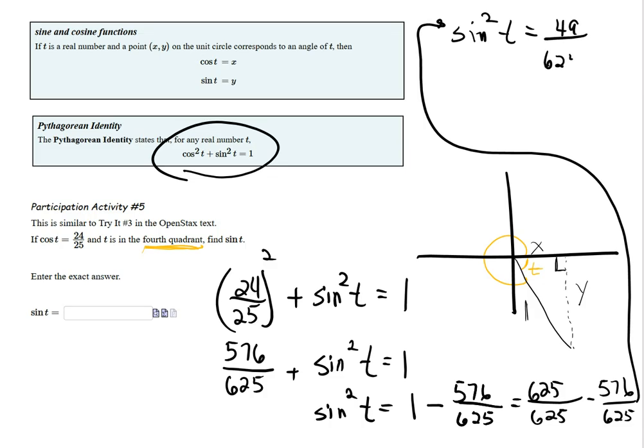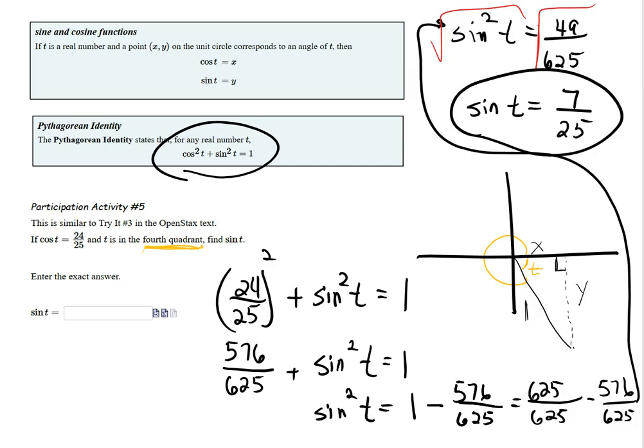49 over 625. Now I'm going to square root both sides so that you just have the sine of the angle. The square root of 49 is 7, and the square root of 625 is 25. So that should be my answer, 7 over 25.